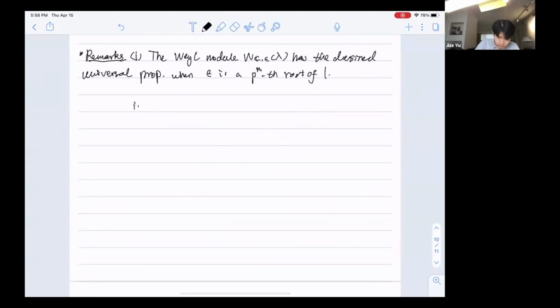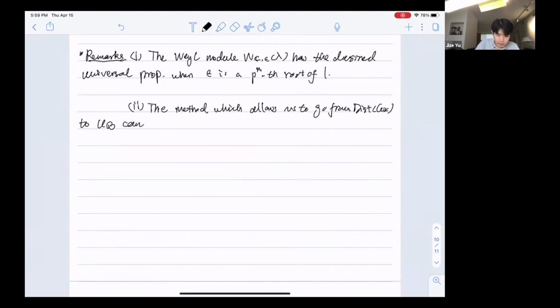Okay. So the second thing is, this method which allows us to go from the distribution algebra of G_K to the quantum group U of B can be pushed further.